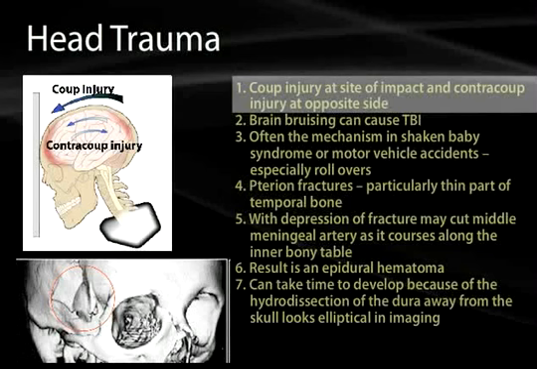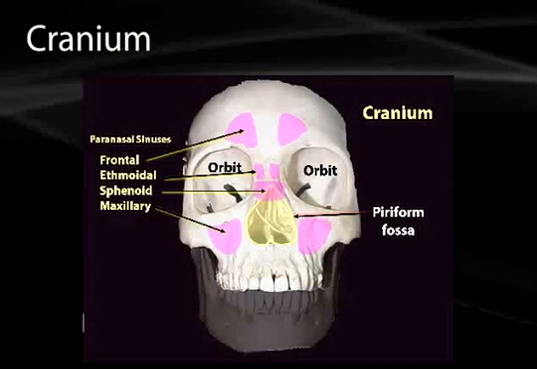This kind of compression fracture is a pterion fracture and would have very deleterious effects for this particular person. These will invariably result in epidural hematomas. Now, they don't come on as fast as you might think, but they're still much faster than a subdural hematoma.